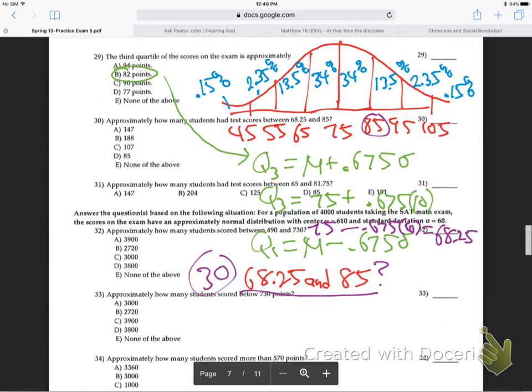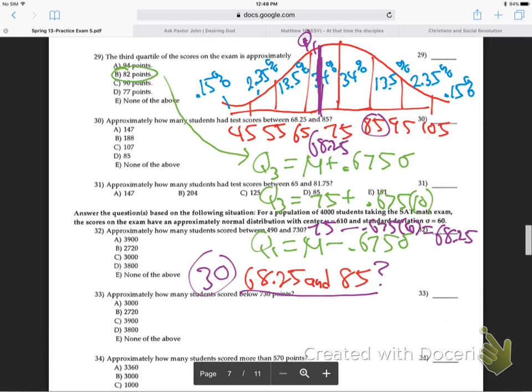That still doesn't finish the question. I'm just proving to you my hunch is right. That is Q1. Okay, so what? What does that mean? If I say I'm at Q1, I'm at the end of the first quarter.